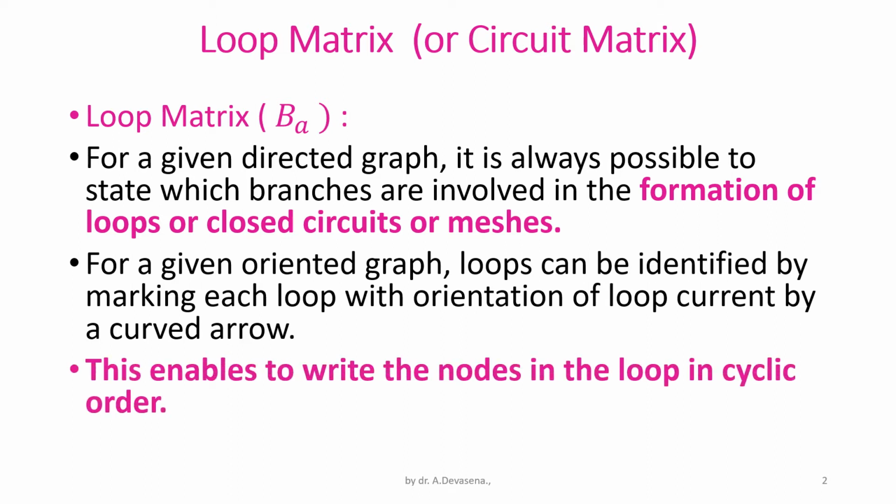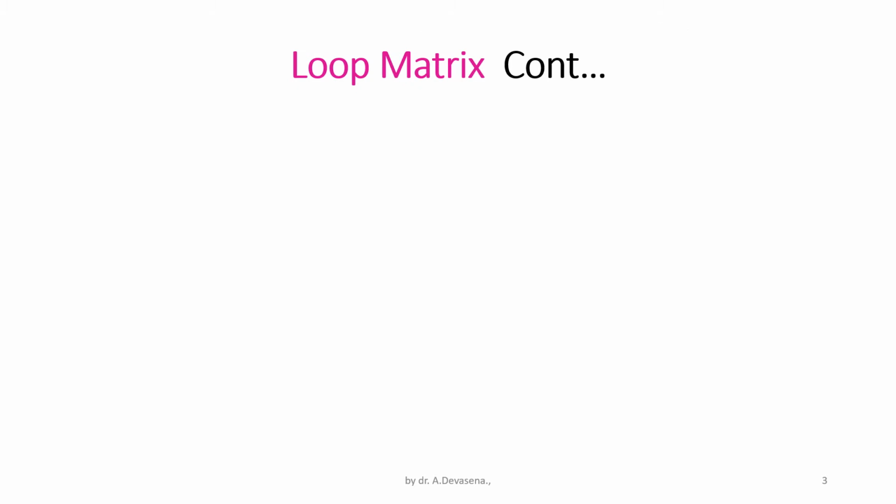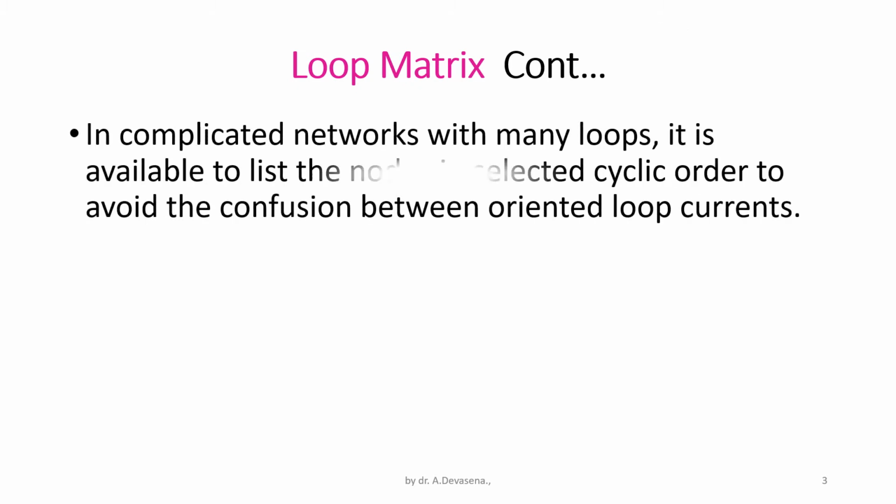This enables us to write the nodes in the loop in cyclic order. In complicated networks with many loops, it is advisable to list the nodes in selected cyclic order to avoid the confusion between oriented loop currents.